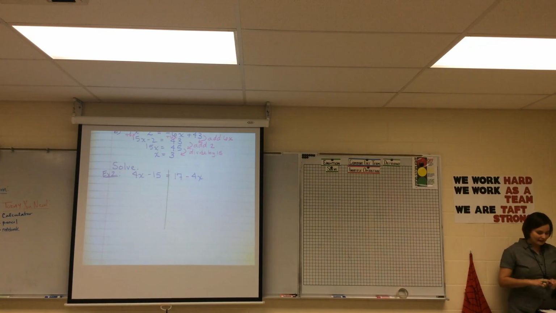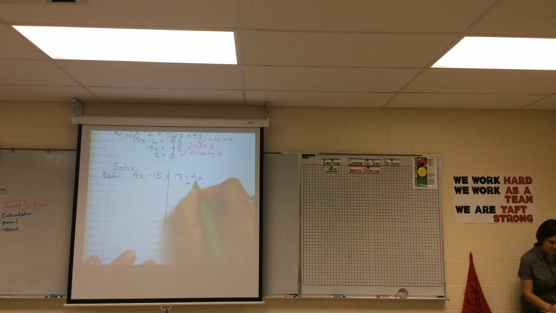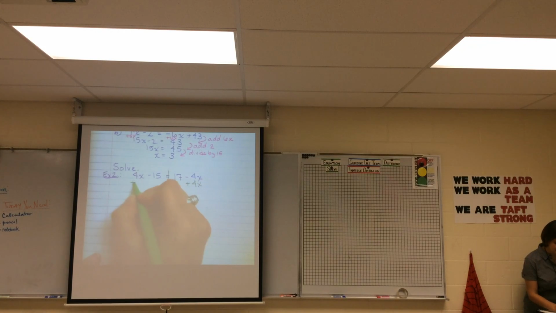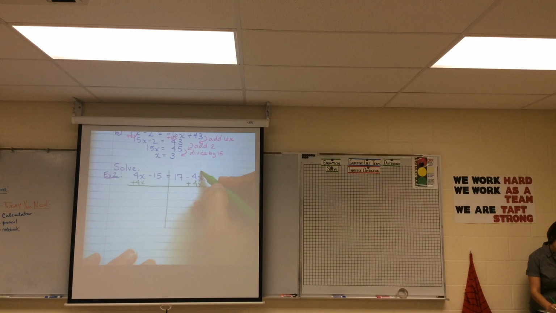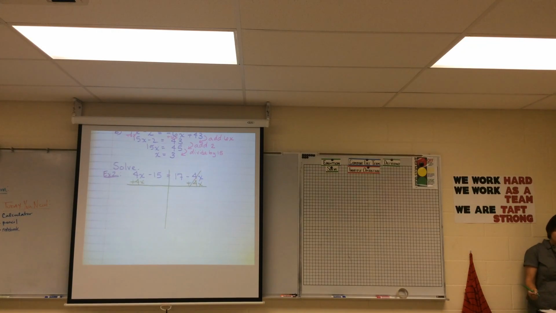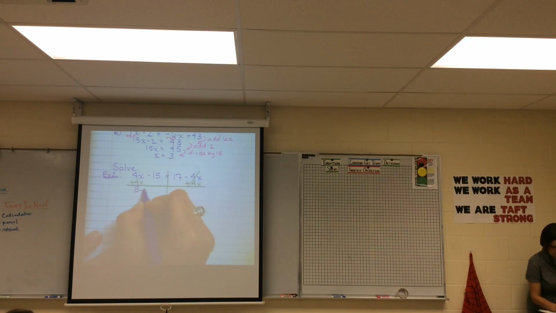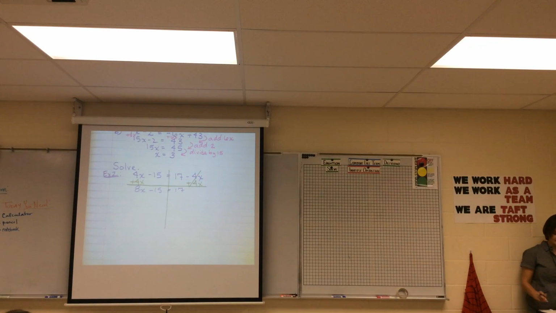So that's what I'm going to do. I'm going to do the inverse and add 4x to both sides of my equation. So on the right side, negative 4x plus 4x cancels, right? That's going to leave me with 4x plus 4x, perfect, minus 15 equals, exactly.